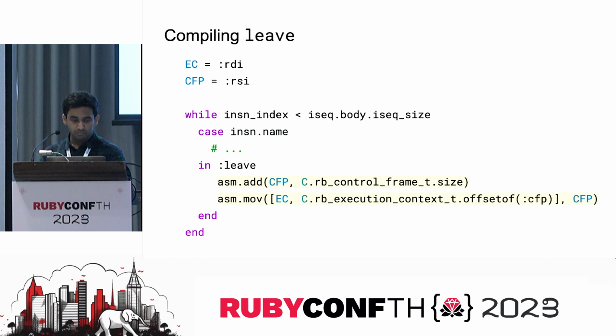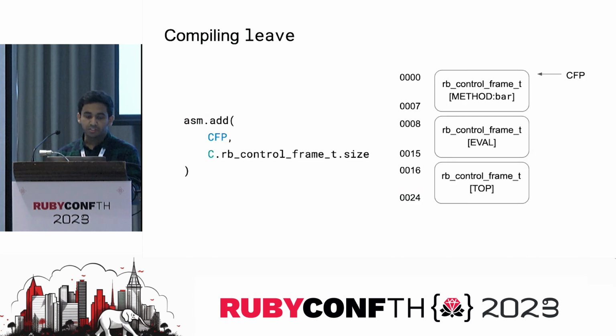And we have this thing called execution context, which stores the current control frame that we are in right now. And the value of execution context is calculated as an offset from the value of CFP. It's just how the assembly works, so we need to follow that pattern here.